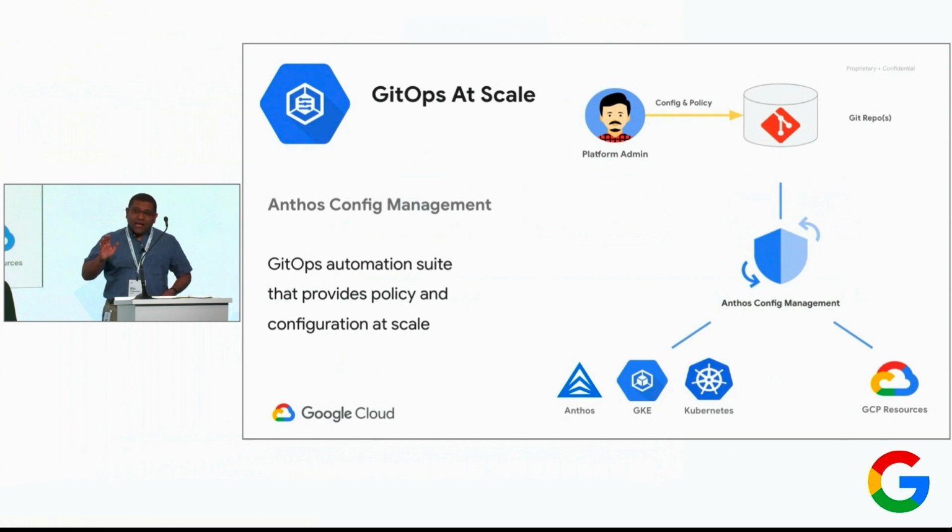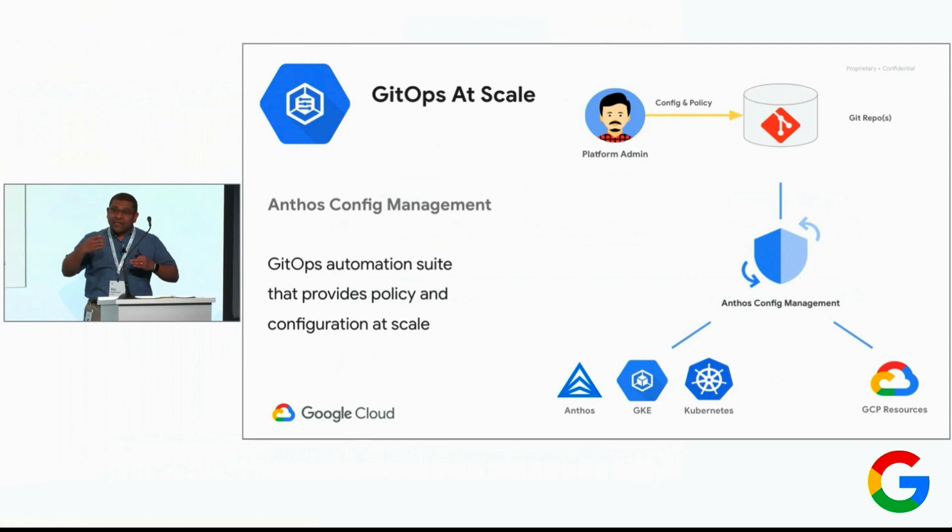So if you haven't used Anthos, the biggest selling point for Anthos is managing multiple clusters. Over time, organizations end up, I remember my Nike days, where again, we ended up with something like 40, 50 Kubernetes clusters. Right? What Anthos does is, across all those clusters, it provides a way to do GitOps at scale, and you can treat all those different clusters as from a single control plane.